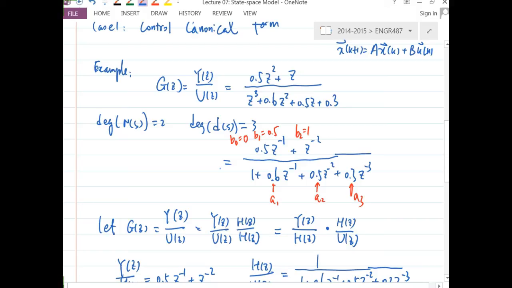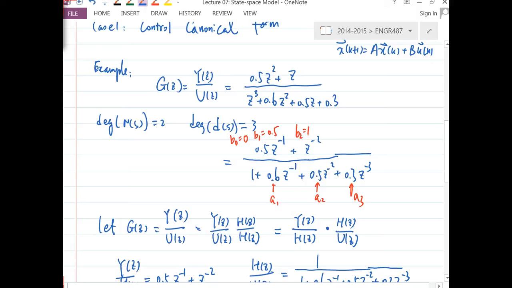Even if you have numerator degree the same as the denominator degree, it's still causal in that case.